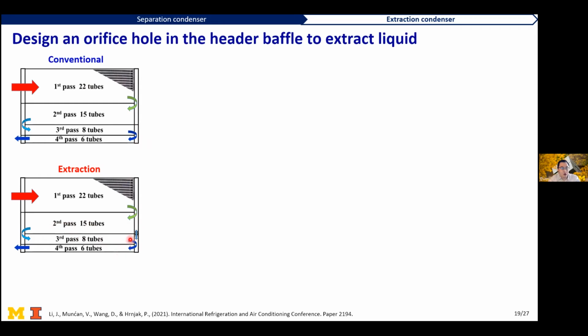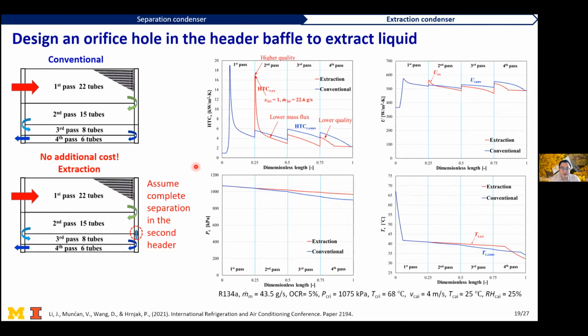Because as I have introduced, the liquid is already the phase we want for a condenser, and if we can give more vapor to the tube, that can reduce the liquid thermal resistance and thus increase the total heat transfer. So this is also a design with a very low manufacturing cost.